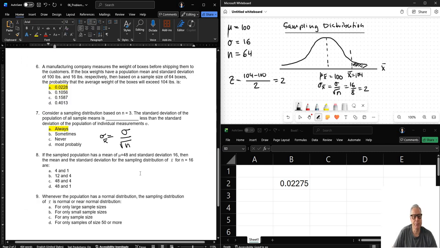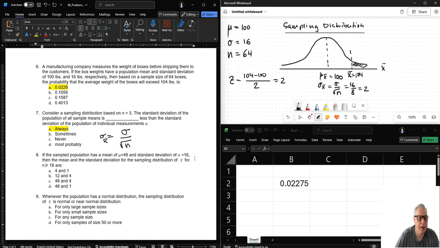So if the sample population has a mean of 48 and a standard deviation of sigma equals 16, then the mean and the standard deviation of the sampling distribution of x bar for n equals 16 are.